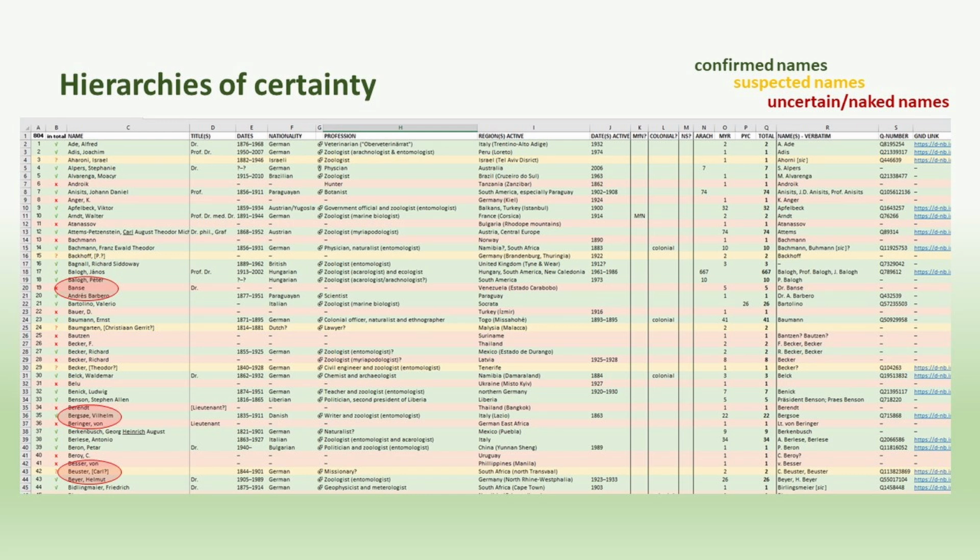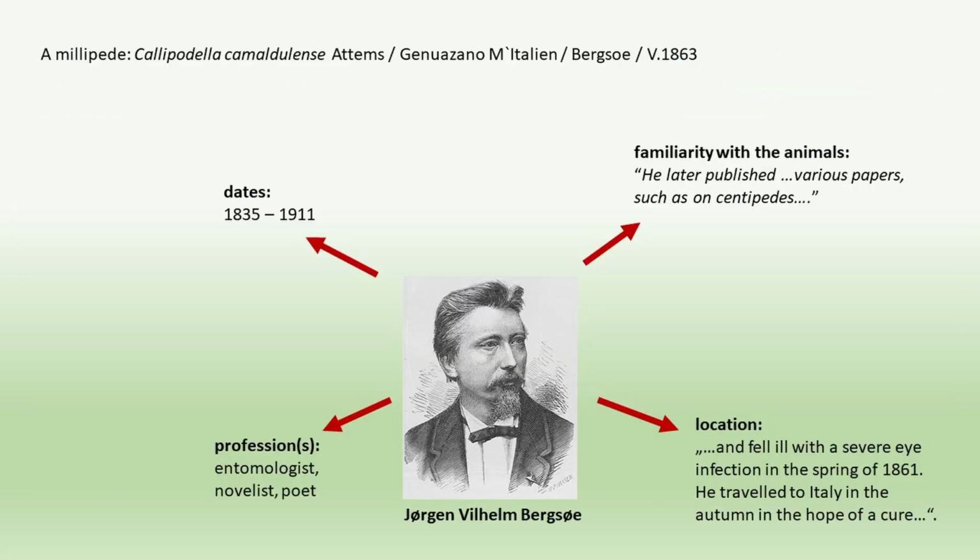Just to give you a couple of examples of what I mean, here's an entry from our database: a millipede collected in Italy by someone called Bergso in the 1860s. We track that down to someone who we're fairly sure is Jorgen Wilhelm Bergso, because we know from other data that he was a writer, a poet, but also a trained entomologist. His life dates fit that collecting date, so it's not too late or too early.